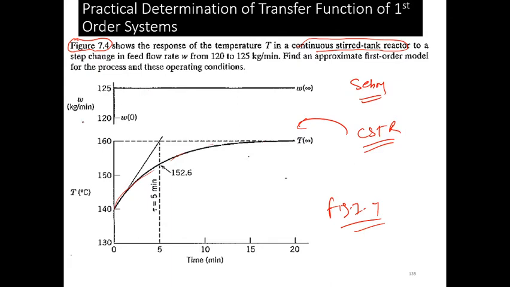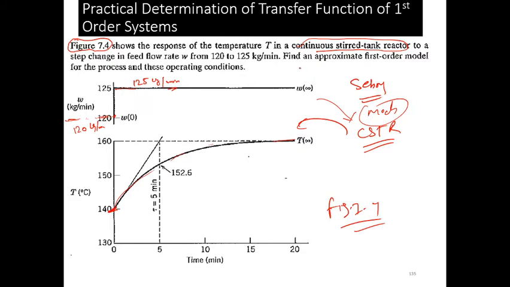Let's say before this time the flow rate was 120 kg per minute, and after this time the flow has been changed to 125 kg per minute. When you apply this input to this CSTR model, the response of the system, the change in the temperature, varies like this, from 142 to 160.